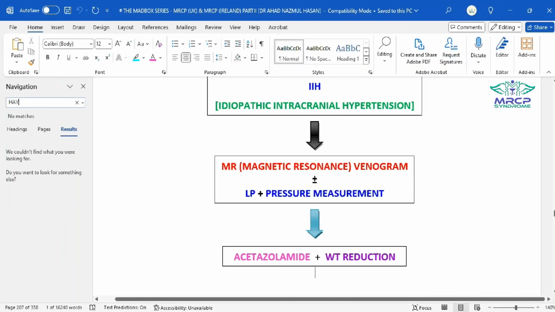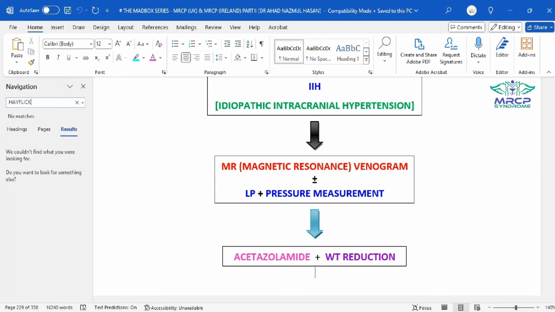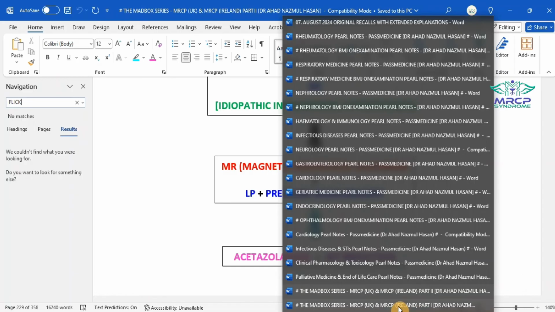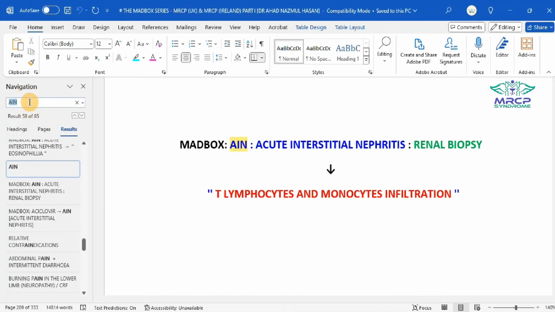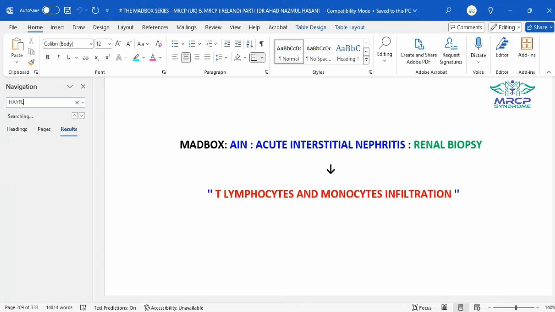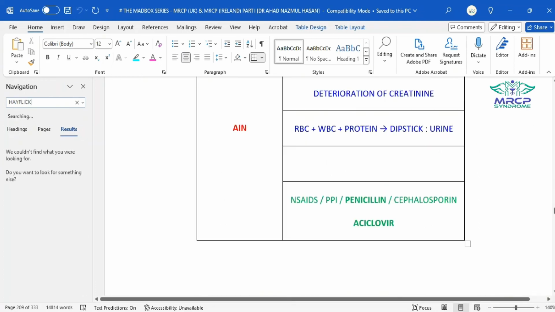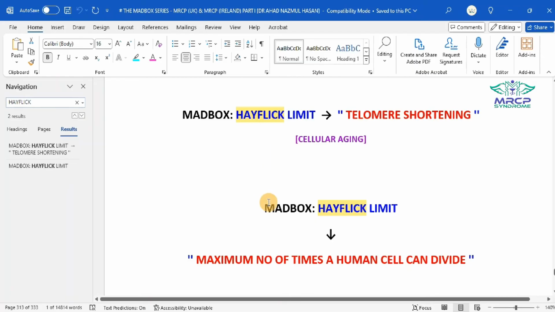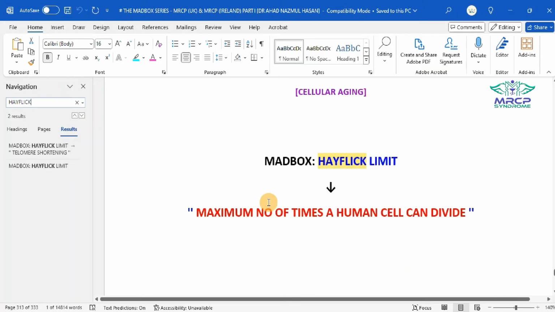Definition of the Hayflick limit: the maximum number of times a human cell can divide.